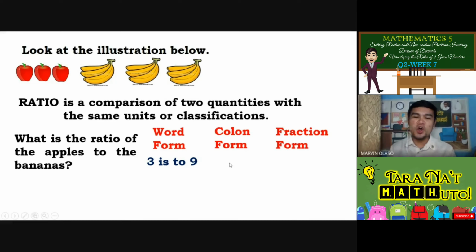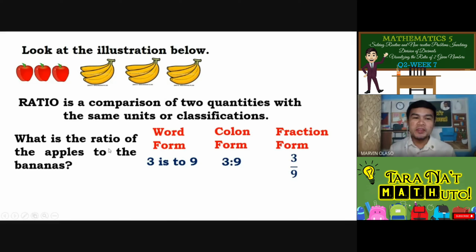And what is that in colon form? We will just use the colon symbol. It is still read as 3 to 9. Did you understand? And what is that in fraction form? The first term is our numerator, the second term is the denominator. So 3/9. Are we understanding each other?